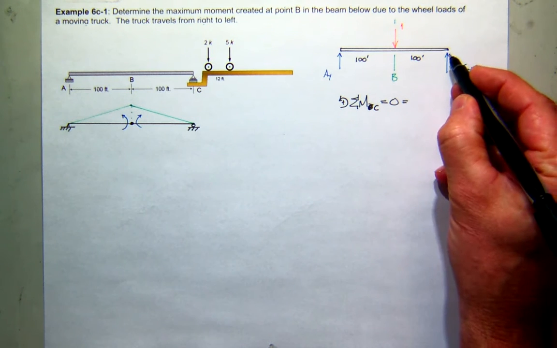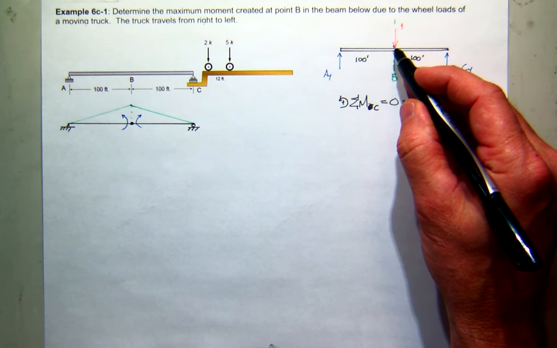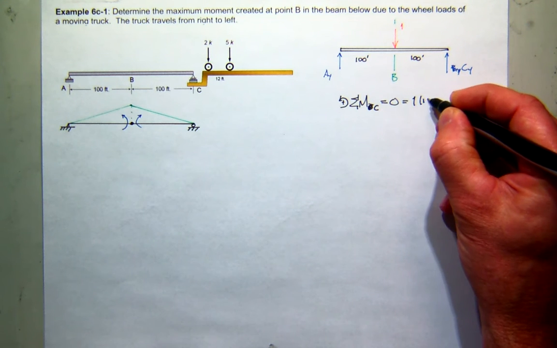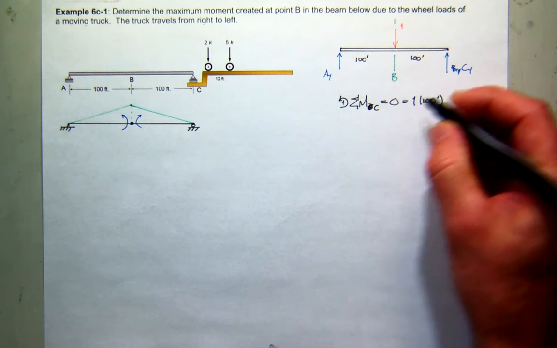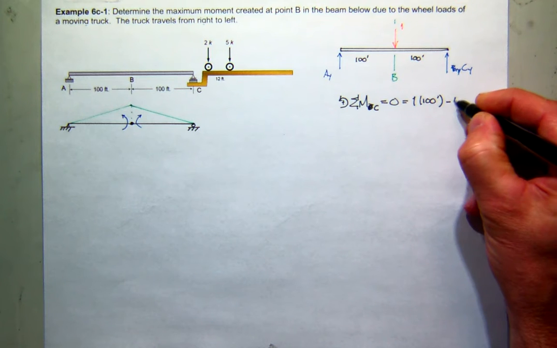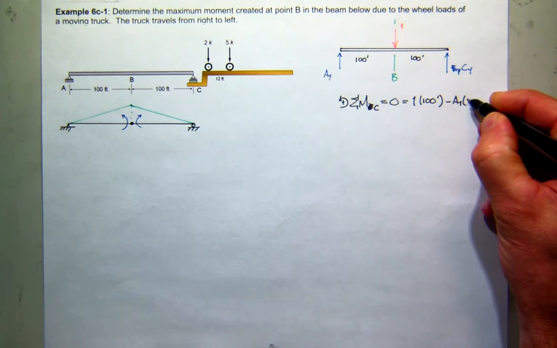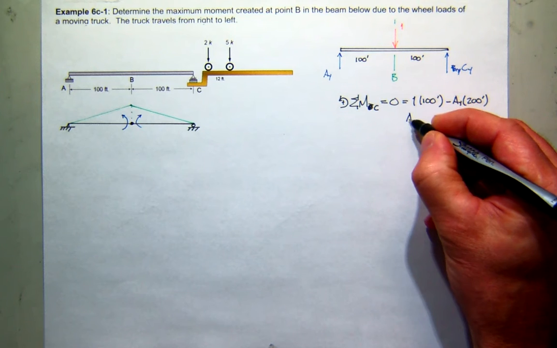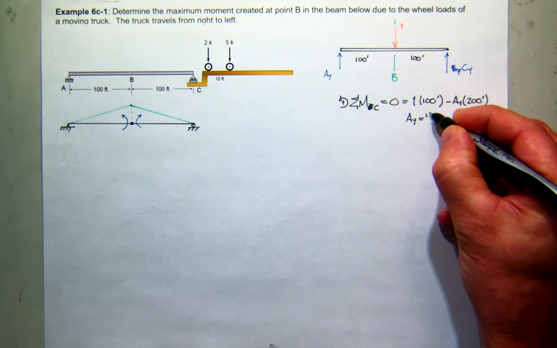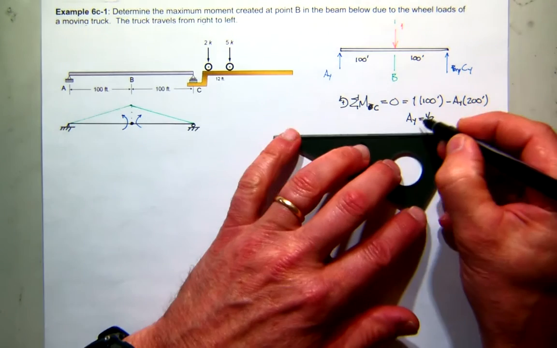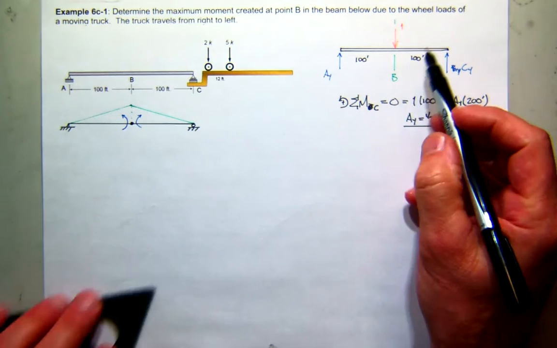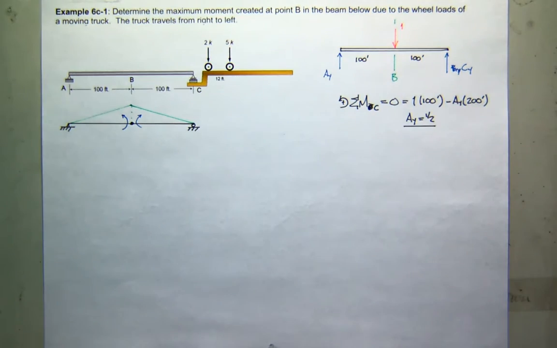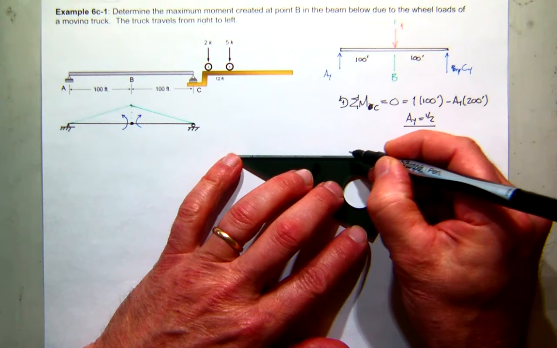So about C, I have my 1, which creates positive moment at a moment arm of 100. Then I have AY creating negative moment at a moment arm of 200. So you solve for AY, you get a half. That shouldn't be very surprising. You have a load right in the middle of a beam, half goes to each side. That seems reasonable.